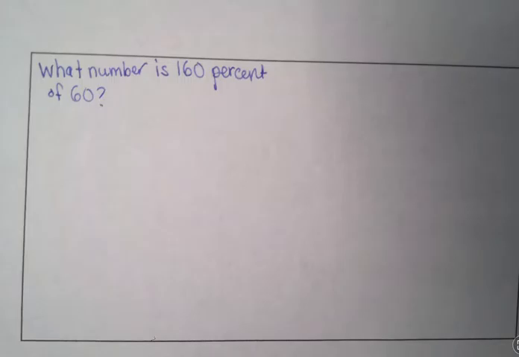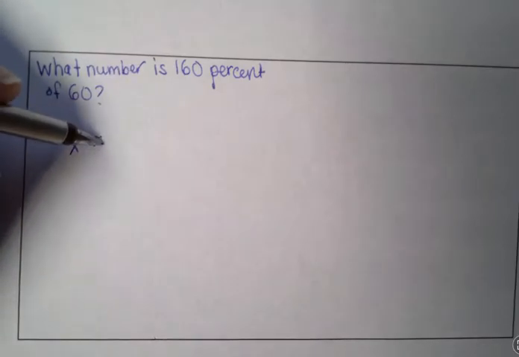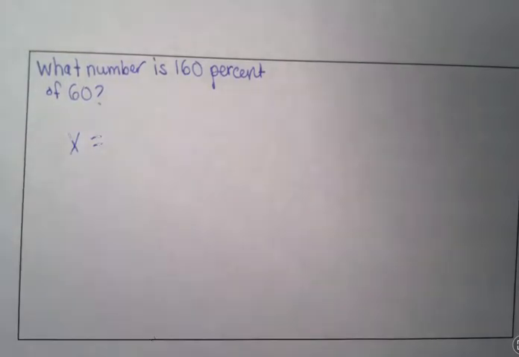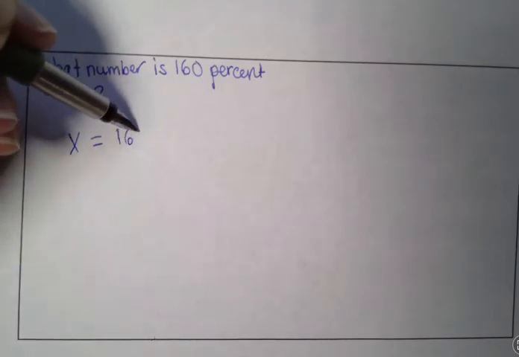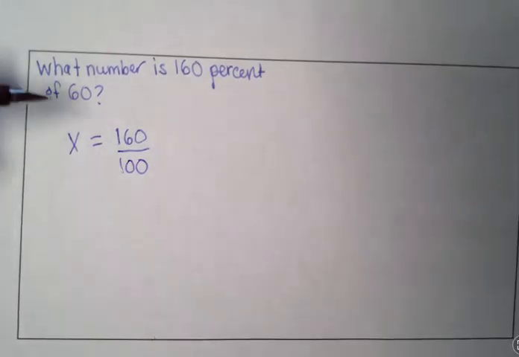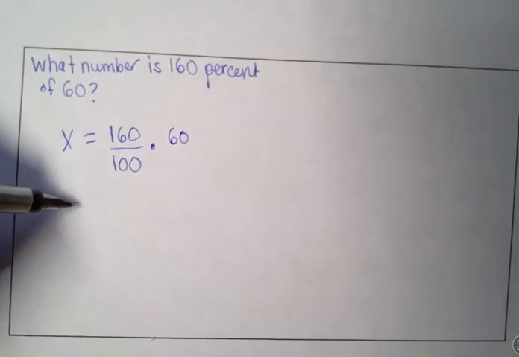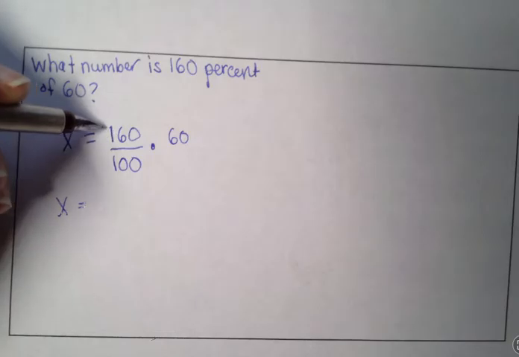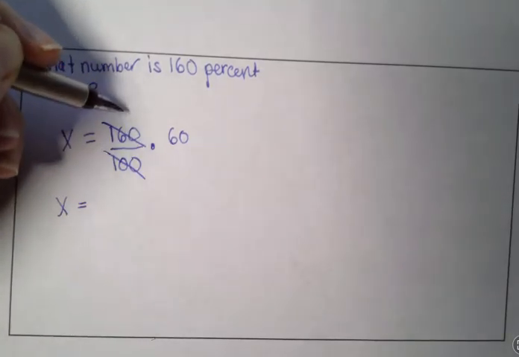To solve this problem, what number, I would translate that as an x because I don't know what it is, and is an equal sign, so x equals 160% of 60. So 160% can just be written as 160 over 100, and then of is times 60. Now I can go ahead and cancel some things right away. 160 and 100 are both divisible by 10.